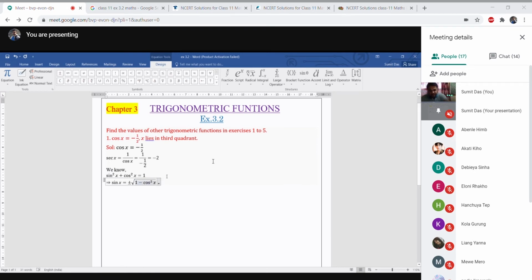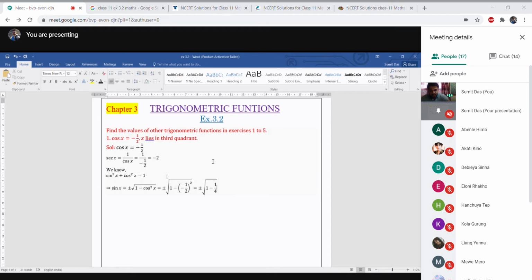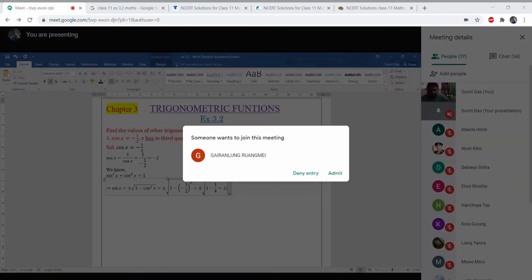Right, we know this. Which is equal to plus minus, just put the value of cos, in bracket minus 1 by 2, which is equal to plus minus square root of 1 minus 1 by 4, which is equal to plus minus square root of 3 by 4.